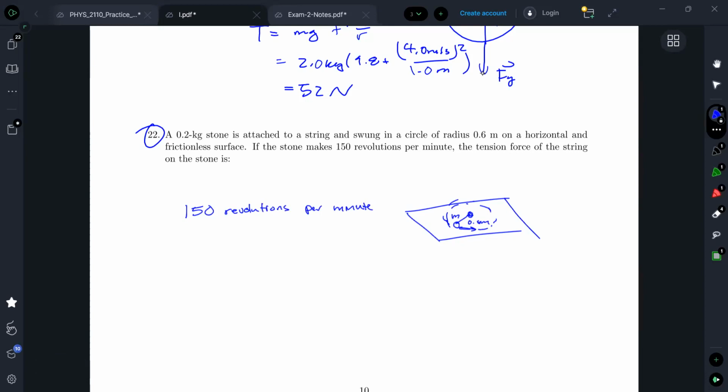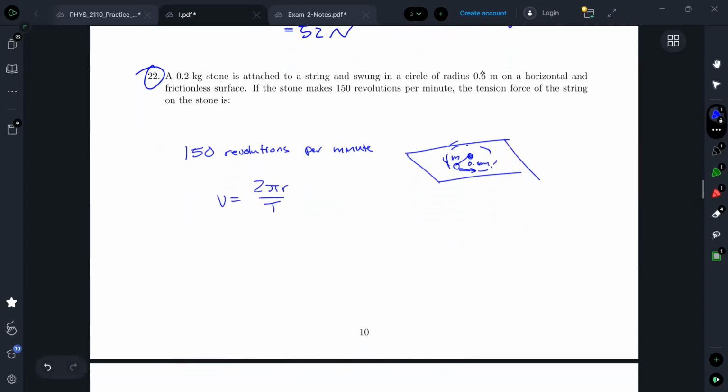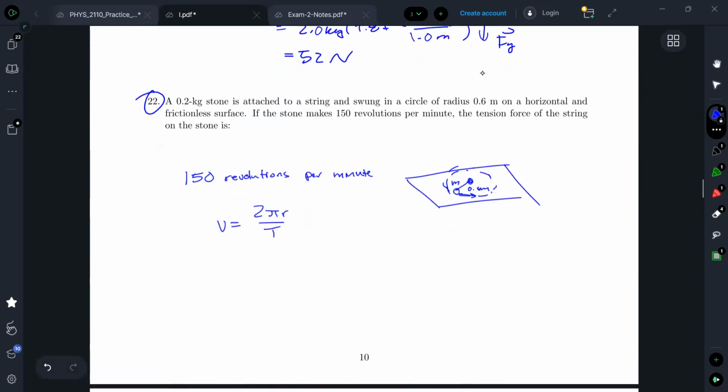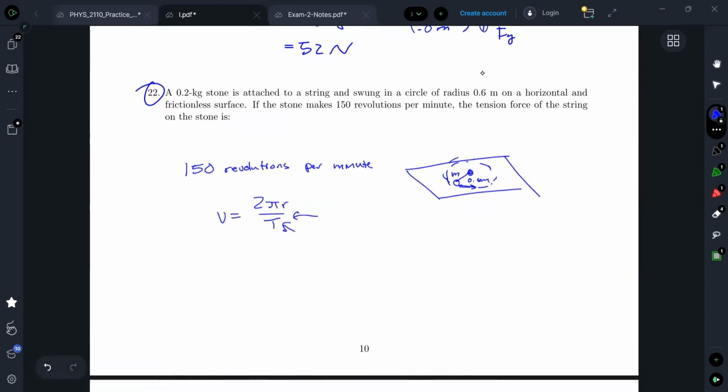Why that might be relevant to us is if we think back to, I think that was chapter 4, when we talked about centripetal acceleration, we also talked about the fact that the speed in uniform circular motion is circumference over the period of the motion. And so we're not given the speed here. This might help us find it, but it's going to require us to find this period of the motion. That's the time it takes for one revolution.